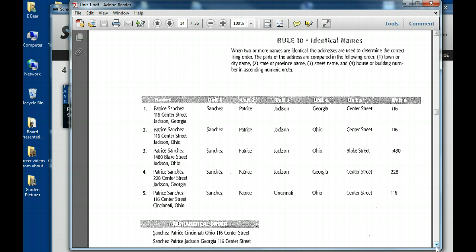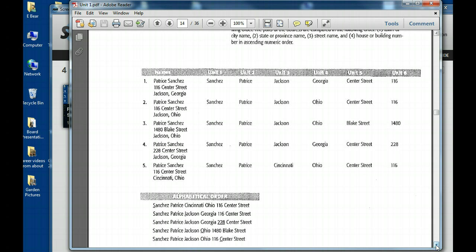Number 1 has a house number of 116, and number 4 has 228. We know that 116 comes before 228. So our second name on the list is going to be Sanchez Patrice, Jackson, Georgia, 116 Center Street. The third one will be Sanchez Patrice, Jackson, Georgia, 228 Center Street.